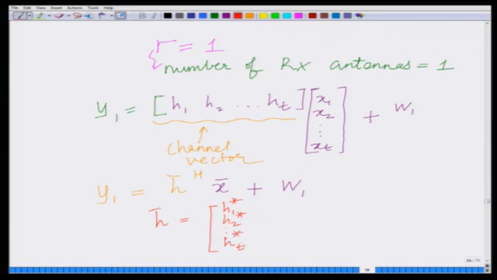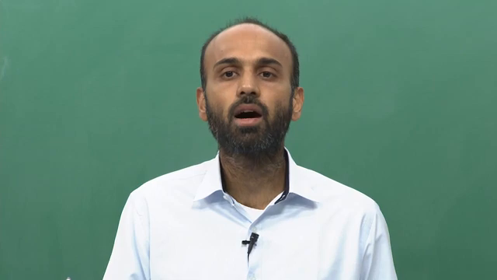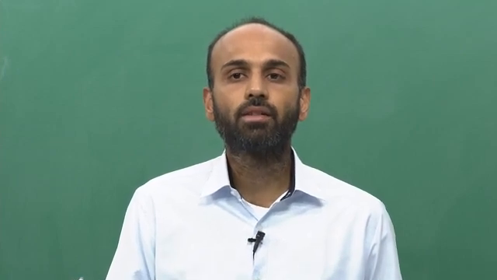Therefore, you can see that h Hermitian, where I am taking the transpose and conjugate, will give me h1, h2, ht. So I can represent this as Y1 equals h Hermitian x bar plus W1, where h bar is the channel vector. This is a very interesting scenario of a single receive antenna and multiple transmit antennas, which we have not seen before.